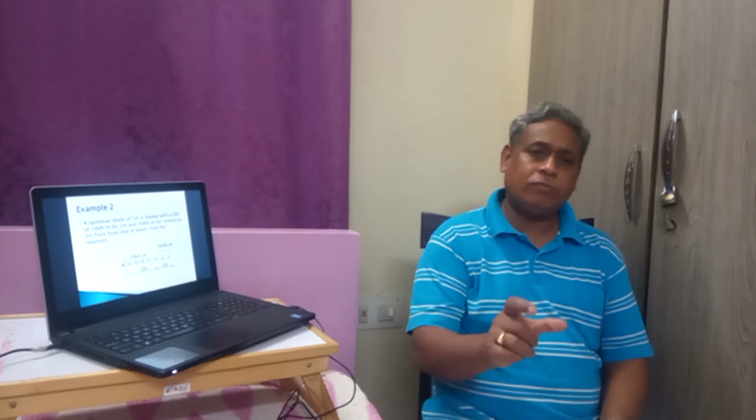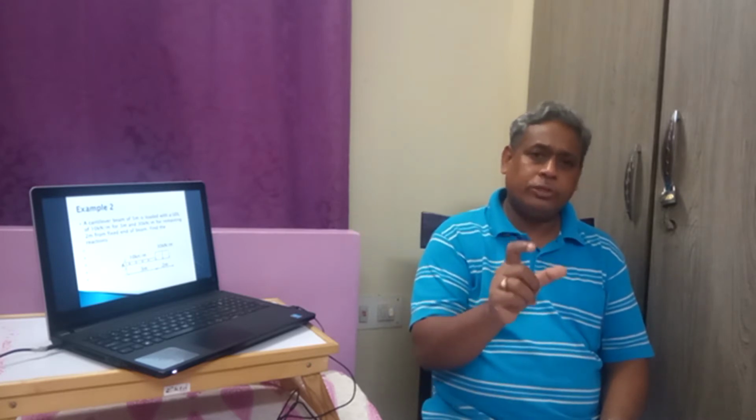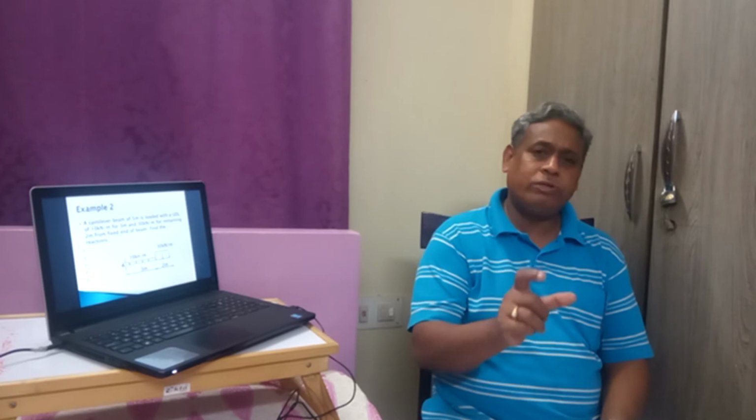But force 1, as we said, the total force or total weight W1, is equal to the intensity of load of the first UDL into the distance through which it is applied. Here the UDL is 10 kilonewton per meter intensity and its length is 3 meters. Therefore, it is 10 into 3, 30 kilonewtons. So, the total load in this portion, that is the 3 meters portion, is 30 kilonewtons.